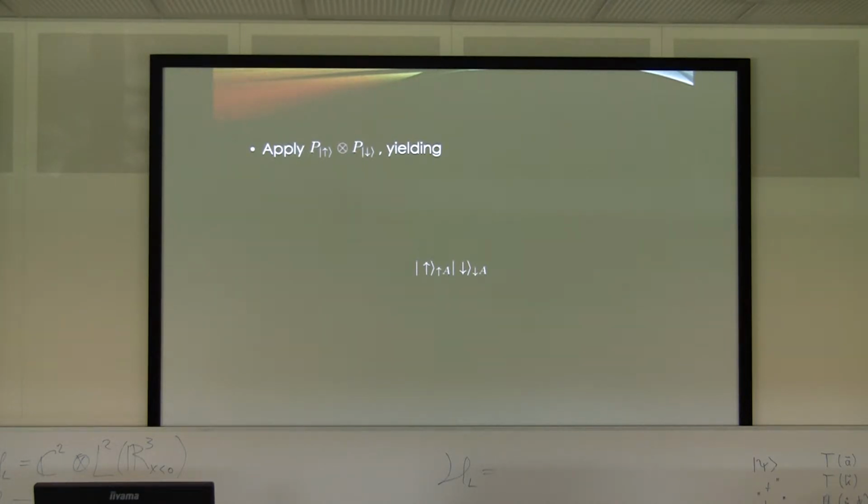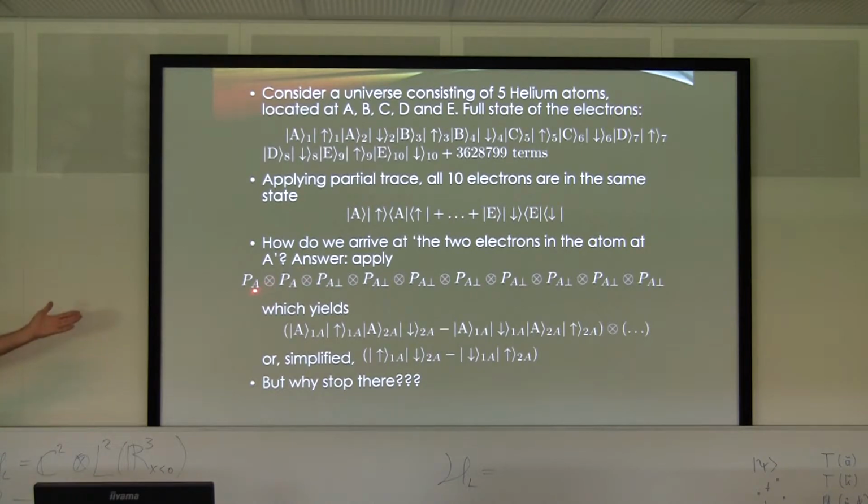And I've now done this in 2 steps. First, applying these projectors with spatial properties, and then projectors with spin properties. But we could as well just immediately have chosen P_A and also projected onto spin up. And all the 9 other projectors project to the orthogonal subspace.